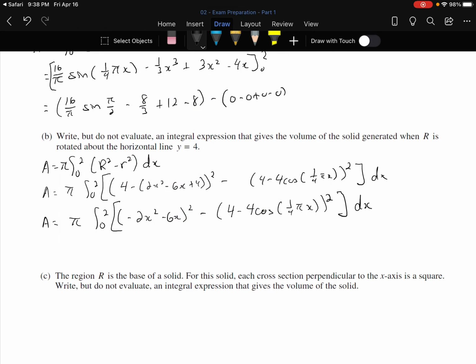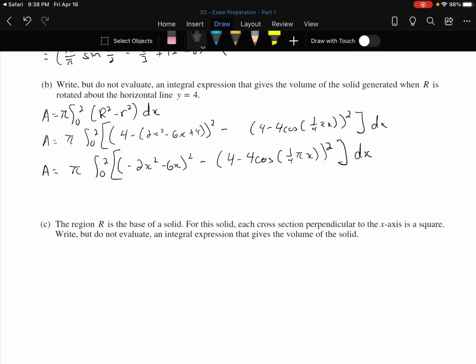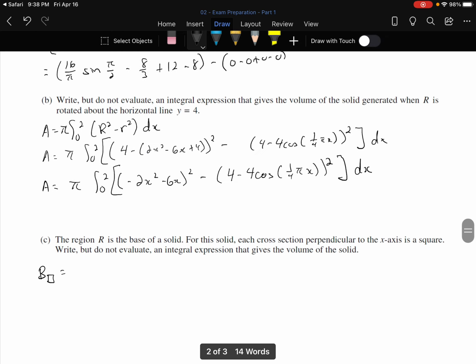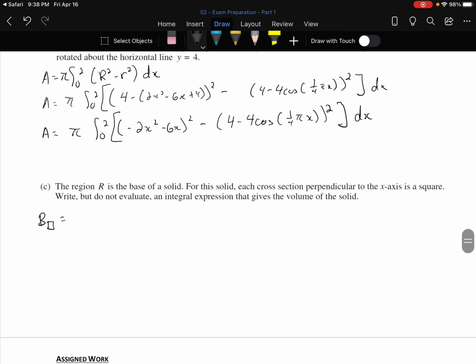Write but do not evaluate the integral expression. So I'm just going to go base of that square. It will be equal to the top minus the bottom here, basically. And so that base of that square is going to be 4 cos 1/4 pi x. That's the upper.